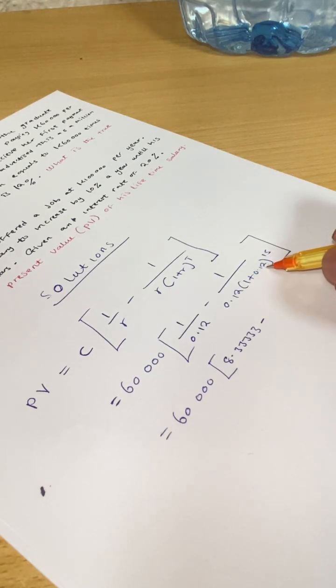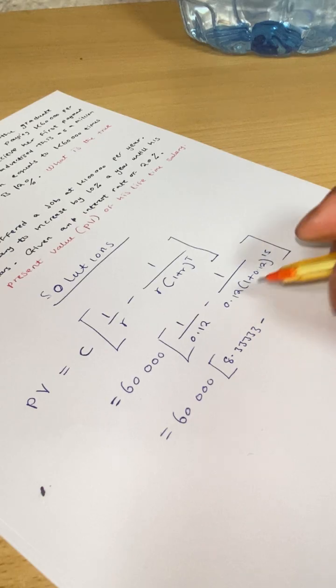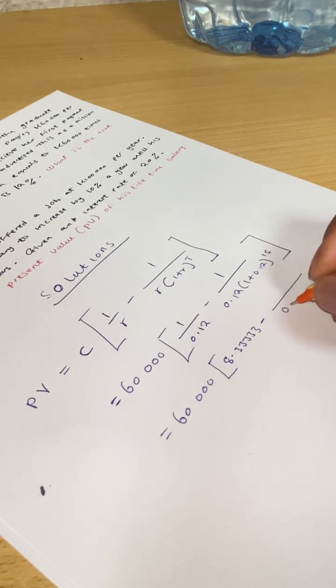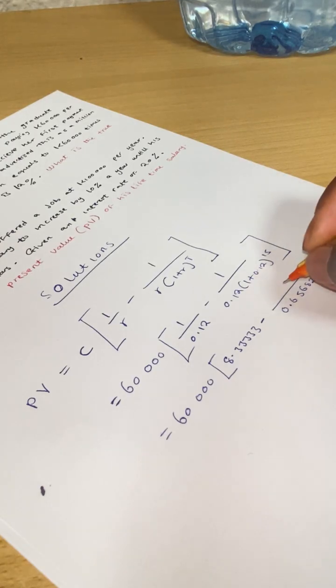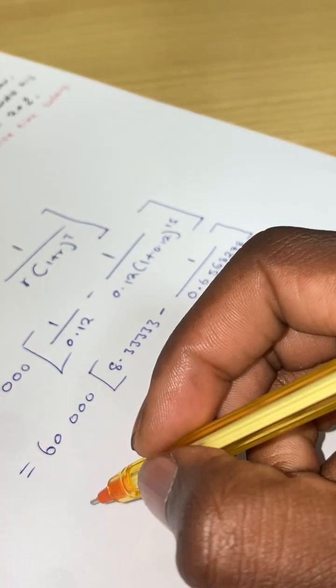Then 1.12 to the power 15, and I multiply the answer with 0.12. On the down part, it's giving me 0.6568278. Then on top, of course, we have a 1. After that, I can divide these two.